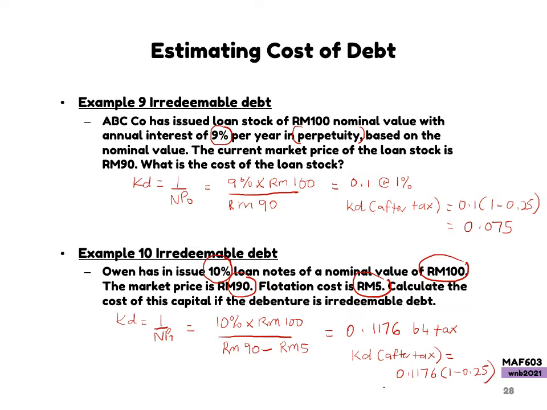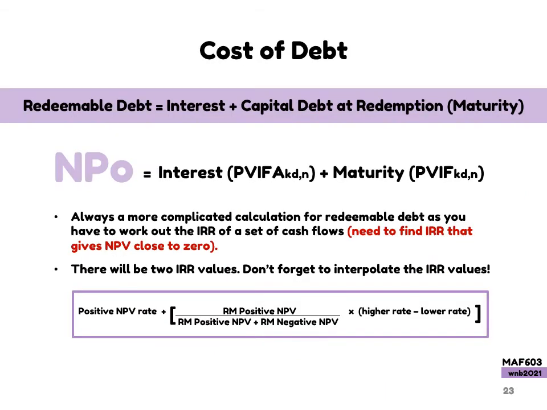KD after tax kita akan dapat sebanyak 0.0882. So we are done with the calculation of formula for irredeemable debt. What about the debt which is redeemable? How to find the cost of debt that is redeemable?